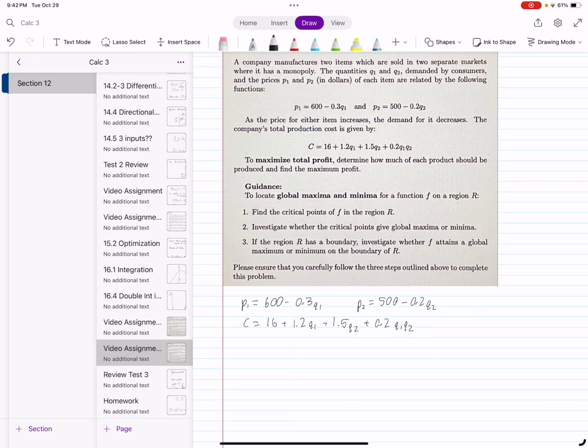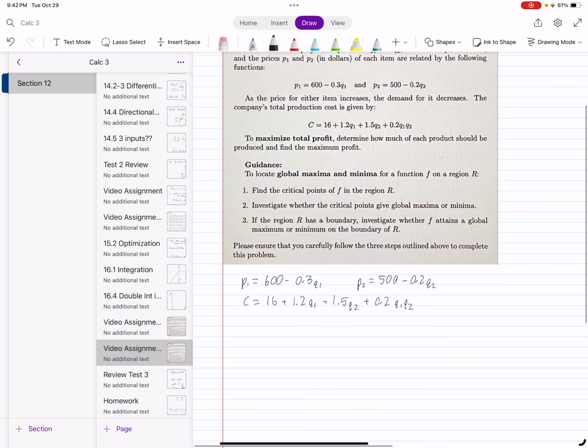Next up, we have to find the amount of revenue that the company makes, because we just have the cost and the prices. So we can define the revenue as the function price 1 times quantity 1 plus price 2 times quantity 2, which gives us the total amount of money that the company makes from the consumers buying the products.